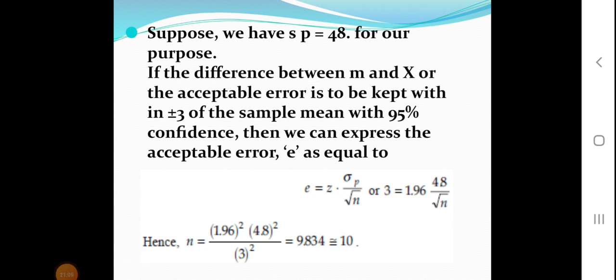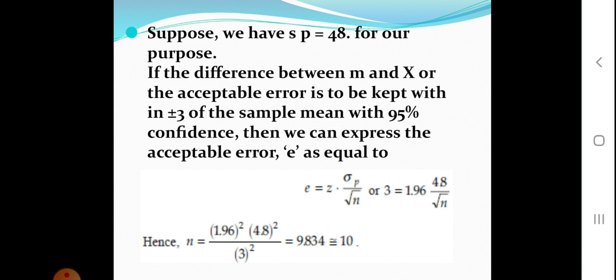E equals Z times the standard deviation of the population divided by the square root of n. Now we can substitute the values here. The value of E, the acceptable error, is 3, that equals the Z value 1.96, that is for 95%, and the standard deviation of the population in this illustration is 48, divided by square root of n.